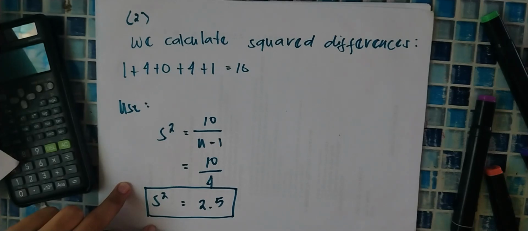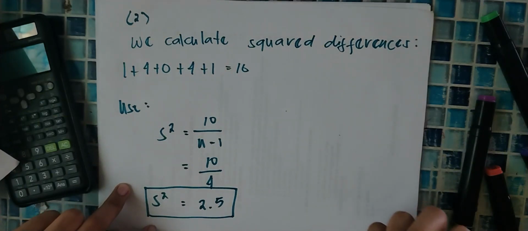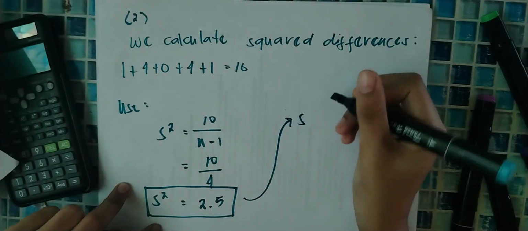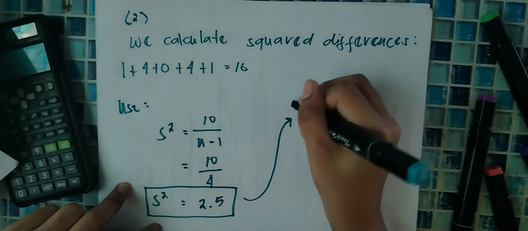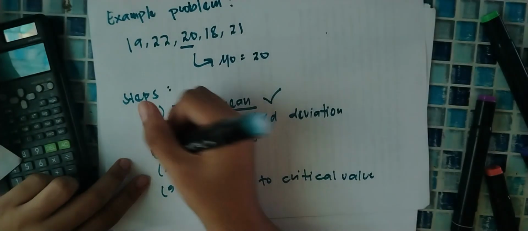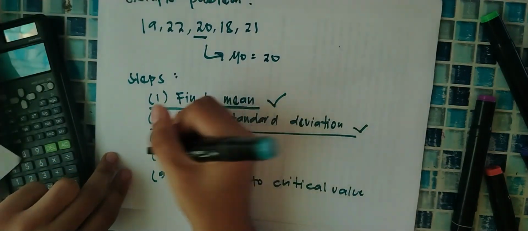So now the standard deviation is the square root of 2.5, which is 1.58. So that is how to find the standard deviation. Then the next step is to compute the t-statistic.